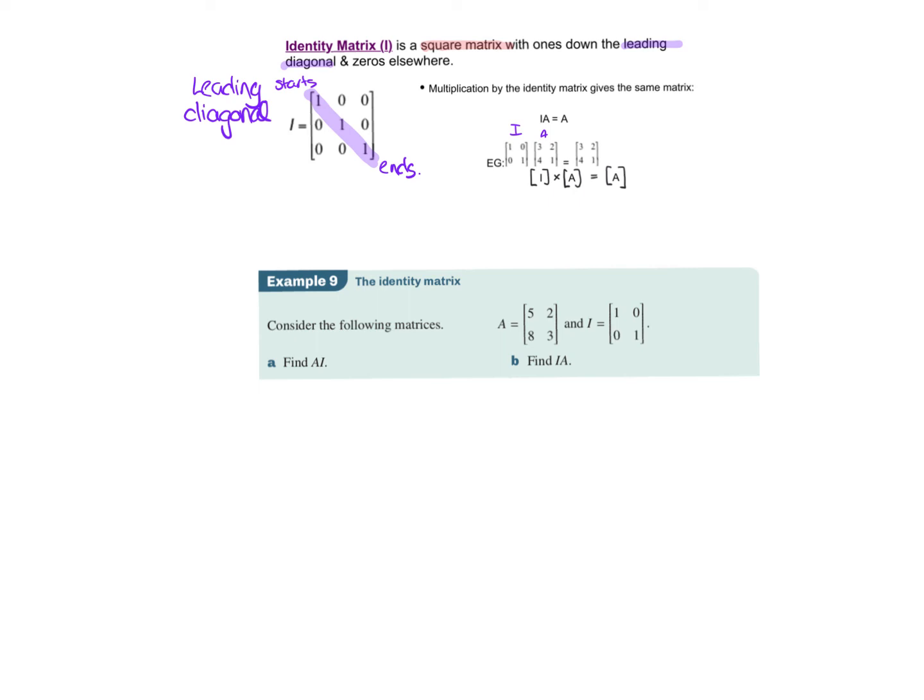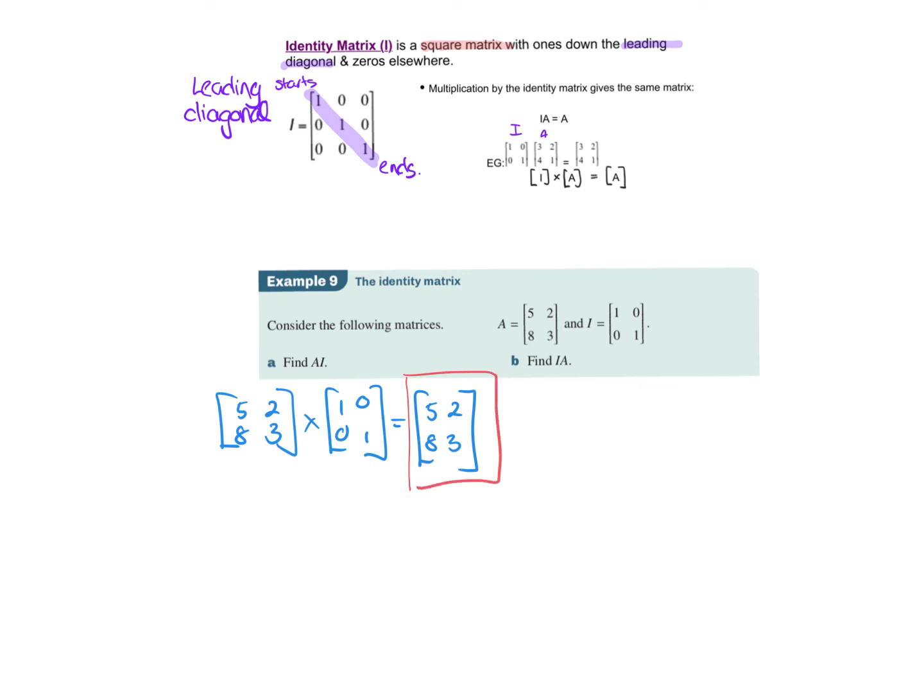Down here in the example, it says find A times I. If I wrote out A, sorry, I'll do it a bit bigger, and I times it by the identity matrix, which I can see because it has ones on the leading diagonal, I'm going to end up with the same thing. You can test this on your calculator if you like. So this would be our answer.